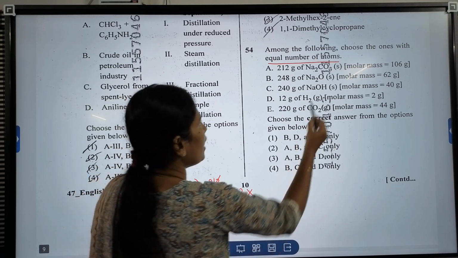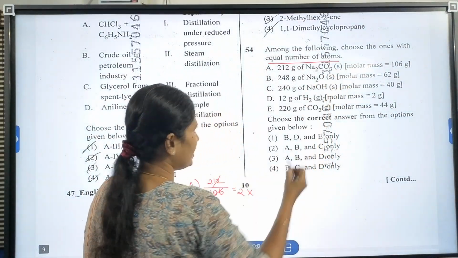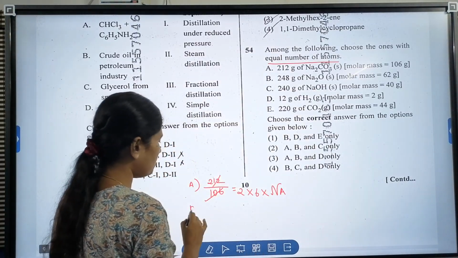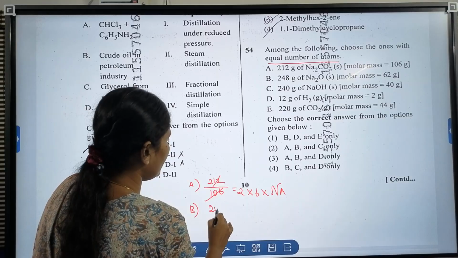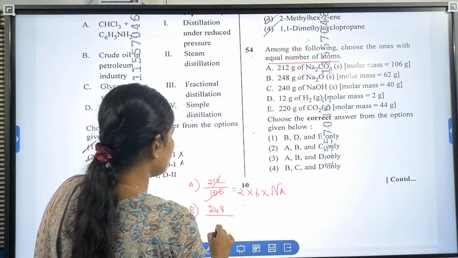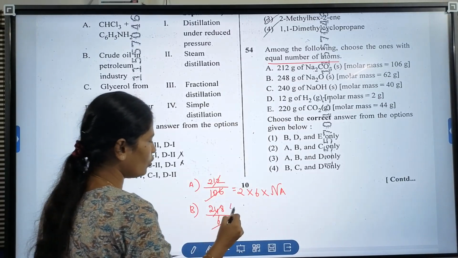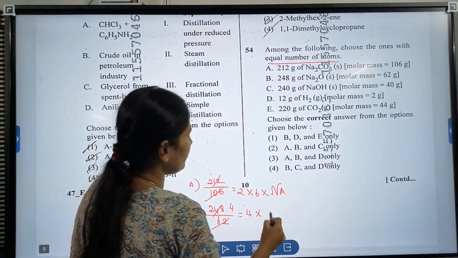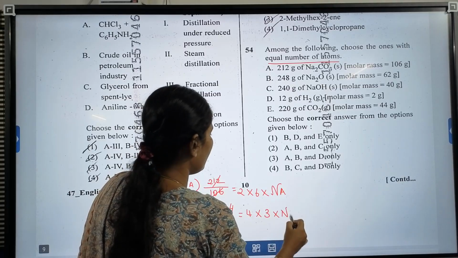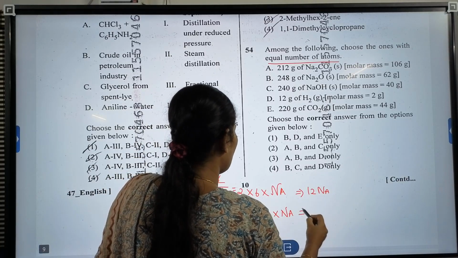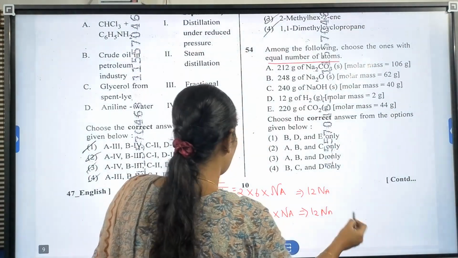Totally 6 atoms are there, times Avogadro number. And B, you know, 248 divided by 62, so it will be 4 moles. Total number of atoms 3, times Avogadro number, so we can write it as 12 Na.